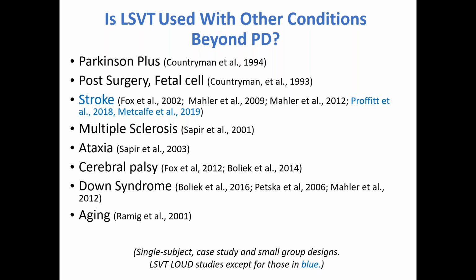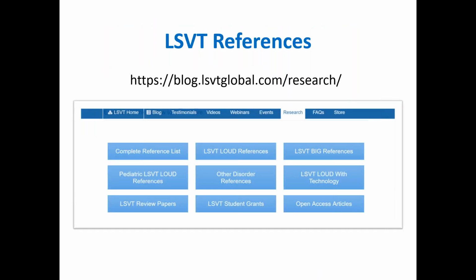We're coming into more research now, some case studies and smaller projects using LSVT BIG with individuals who have had stroke. We're starting to see some nice input from that population. So there is still more research to go, but you can see here that we are having some nice effects in people who are living with other conditions. Next slide.